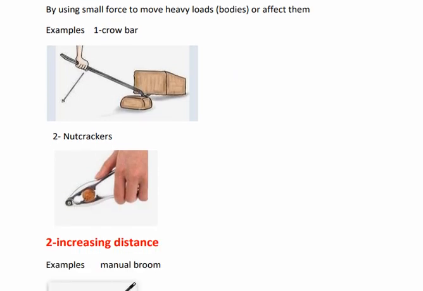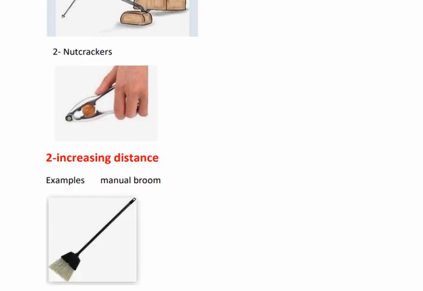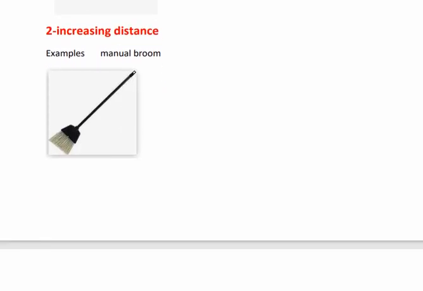In the second example, if you want to break a nut with a nutcracker, you will easily do it. But if you try it with your finger, it will be difficult for you. Next, increasing distance. Example, manual broom.